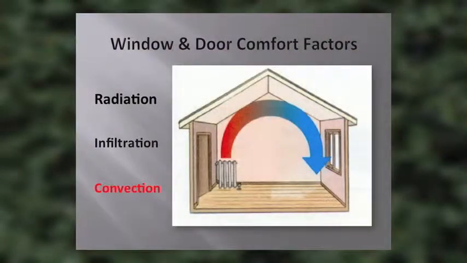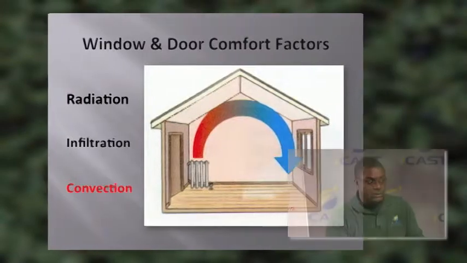The last thing that we want to talk about is actually the convection, okay? The convection that's created by the window. That cold surface makes that air cooler. The air gives up its heat out the window and begins to fall faster, because we know warm air rises, consequently cold air sinks, right?